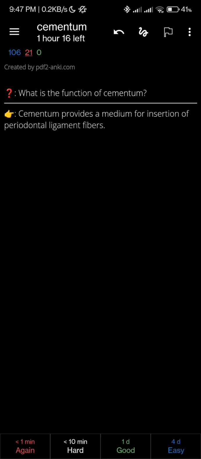What is the function of cementum? Cementum provides a medium for attachment of periodontal ligaments.